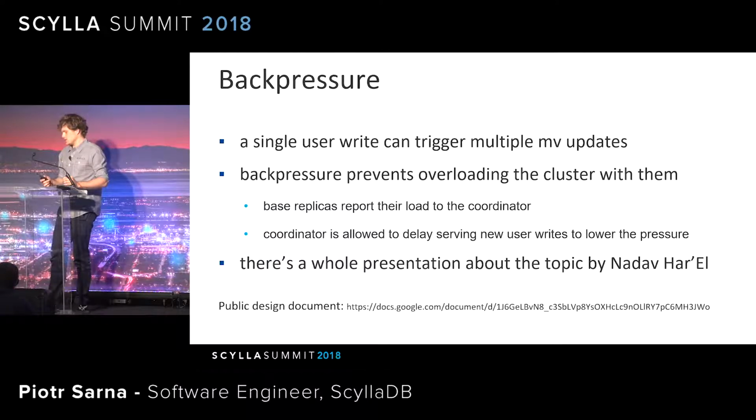And as the new writes are delayed, the queues are getting less full because less requests per second are coming out to them. So things stabilize. There was a presentation about the topic by Nadav. I hope you attended. And there's also a public design document for people really interested in deep details.